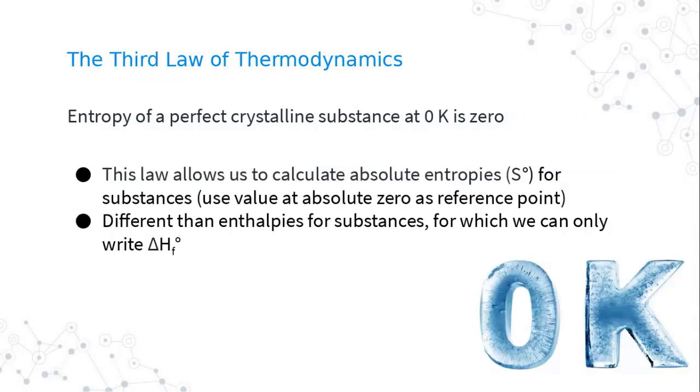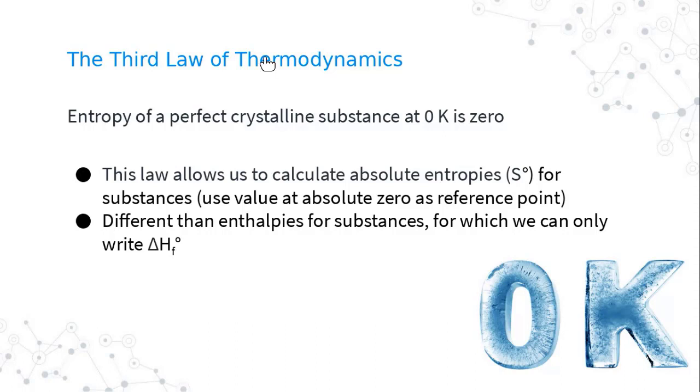Now the third law of thermodynamics is that the entropy of a perfect crystalline substance at 0 Kelvin is 0. So this law allows us to calculate the absolute entropies, which we talked about earlier, for substances by using the value at absolute 0 as a reference point. So if this wasn't 0, it would be a lot more difficult for us to figure out the absolute entropies because we would have no idea where it started from.